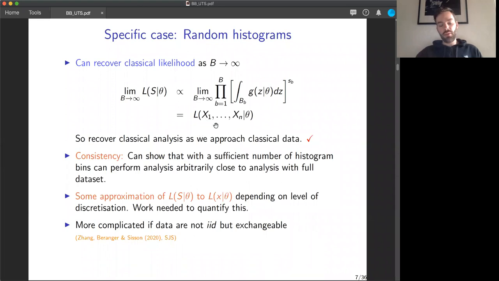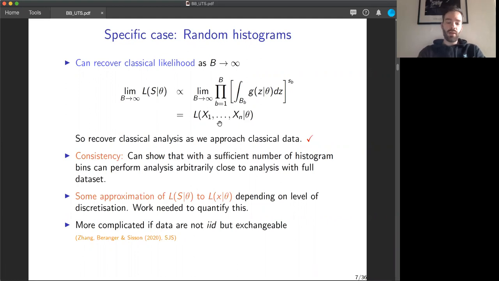And so we end up with the classical likelihood, and we can just recover the regular estimates. So there is some consistency by doing this procedure, because if we use a sufficiently large number of histogram bins, then we're going to recover the estimates of the parameter that we would get using the full data set.